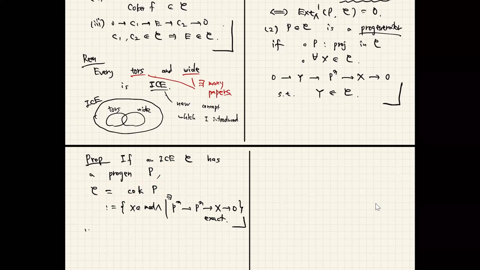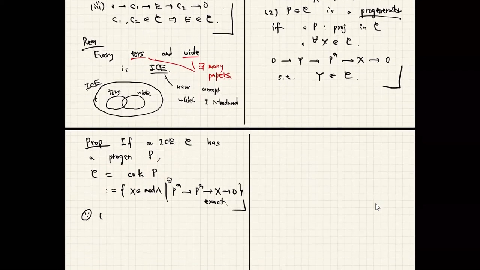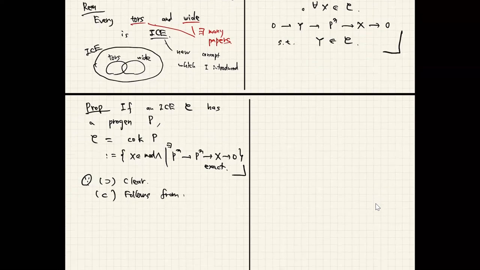And the proof is very easy because since C is closed under cokernels, this inclusion is clear, and the other follows from the progenerator property.